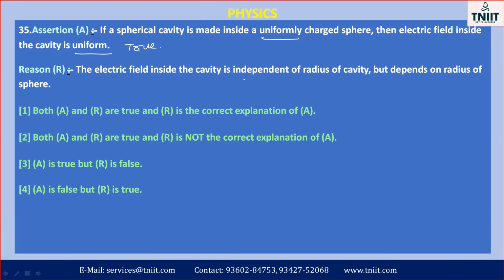Electric field inside the cavity is independent of radius? No. Electric field is inversely proportional to radius squared. It depends on radius. So the reason is false. So clearly you can tell option 3 is the right answer.